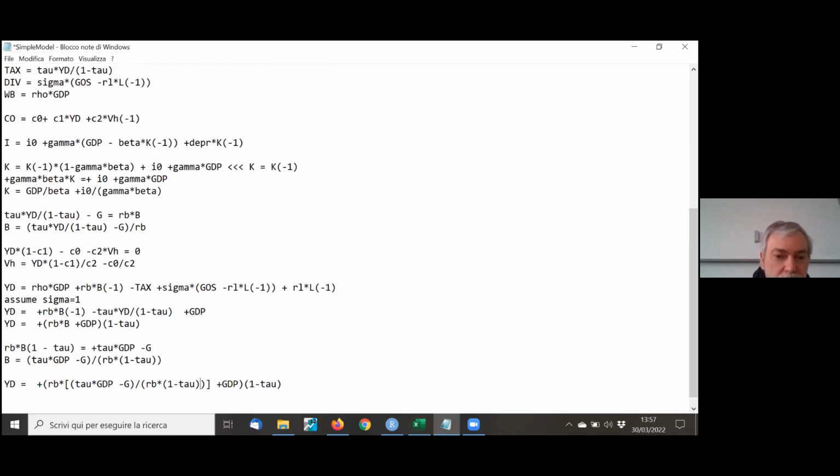So if I'm not wrong, I can drop the 1 minus tau and also the RB, and I find this is... I hope we're not doing something stupid. I should be able to drop this, and drop this. But there is this RB that was also multiplied, so this also drops with RB.